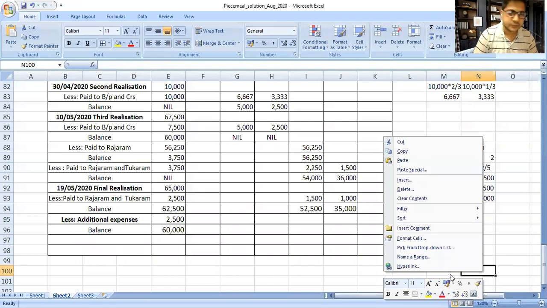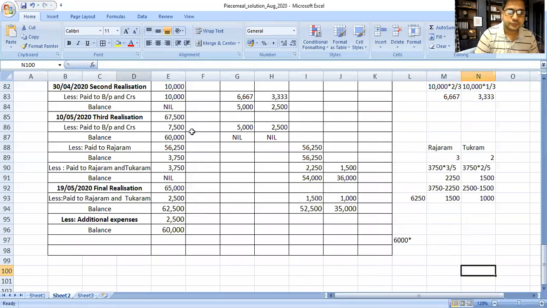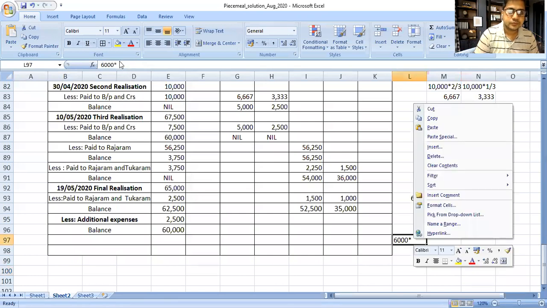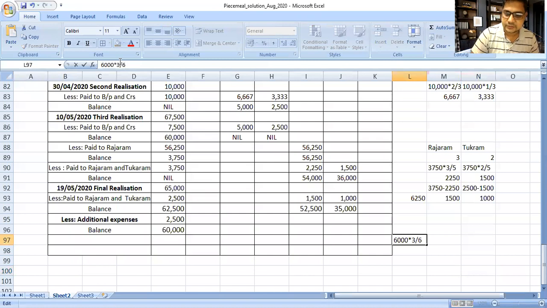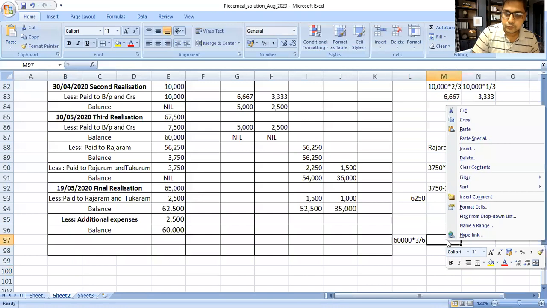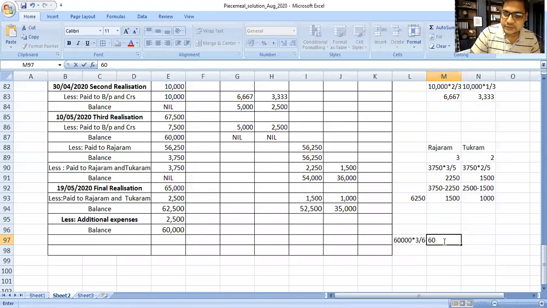So 60,000 into 3 divided by 6 for Rajaram, for Tukaram we consider 60,000 into 2 divided by 6, and for Sakaram 60,000 into 1 divided by 6.